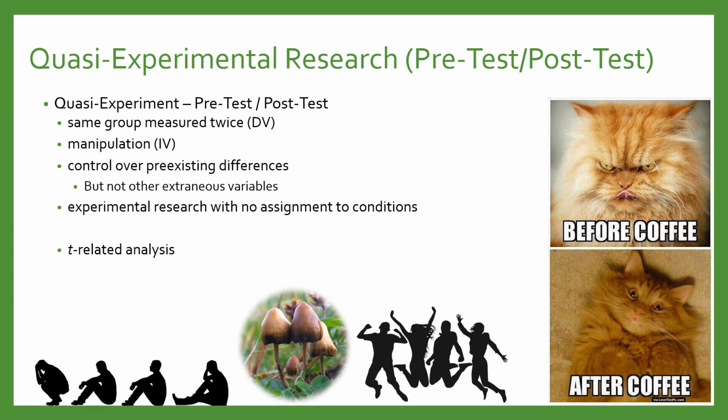So this pre-test, post-test strategy gives the researcher control over pre-existing individual differences in the dependent variable. So you're controlling for pre-existing levels of depression. And this allows you to examine changes after receiving the independent variable, taking psilocybin. But it doesn't give you any control because you don't have a control group.